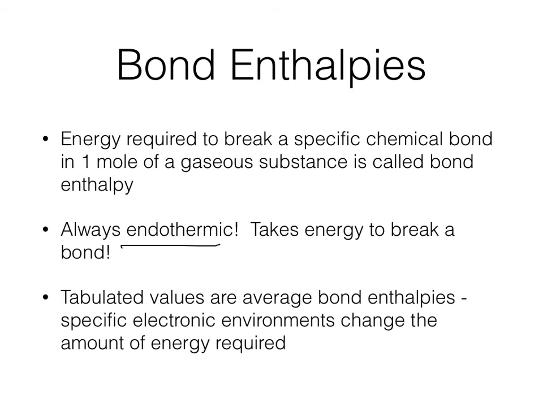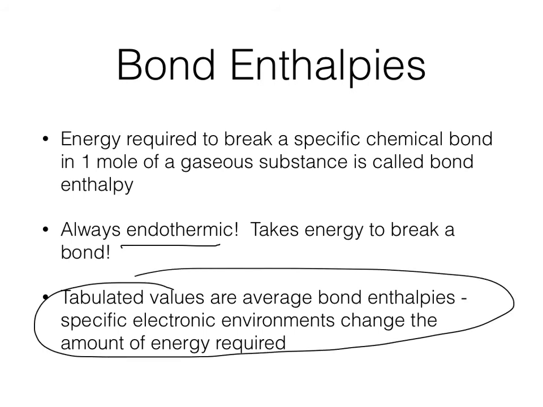Now, we have tabulated values for bond enthalpies. These tabulated values are averages. Average bond enthalpies. There is no way to actually determine each specific case because every time you have an atom in a different environment chemically, it's going to have a different enthalpy.